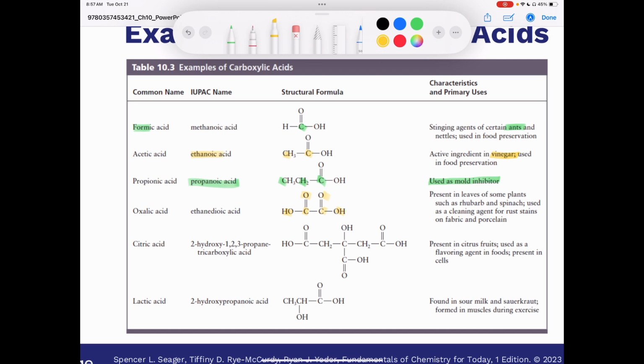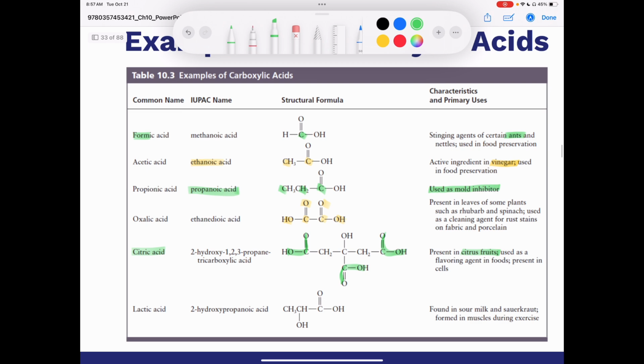Next one is citric acid, and I'm sure some of you have taken biology classes and studied the citric acid cycle. And you can see here that citric acid has not one, not two, but three carboxyl groups in it. And again, it's present in citrus fruits, and it is what's responsible for the tangy or sour taste in citrus fruits like lemons and limes.